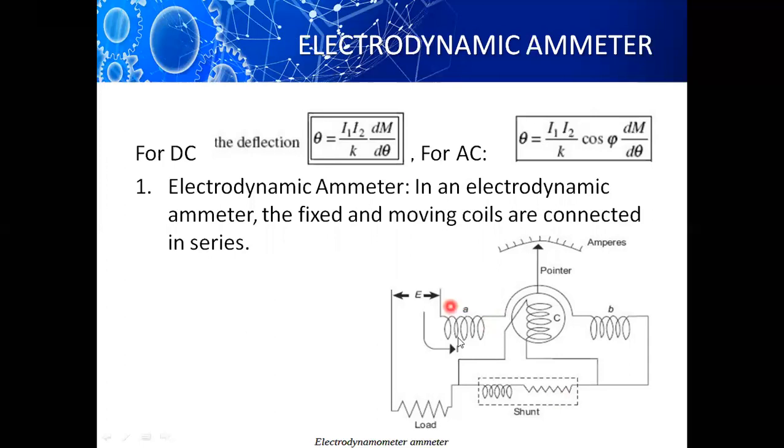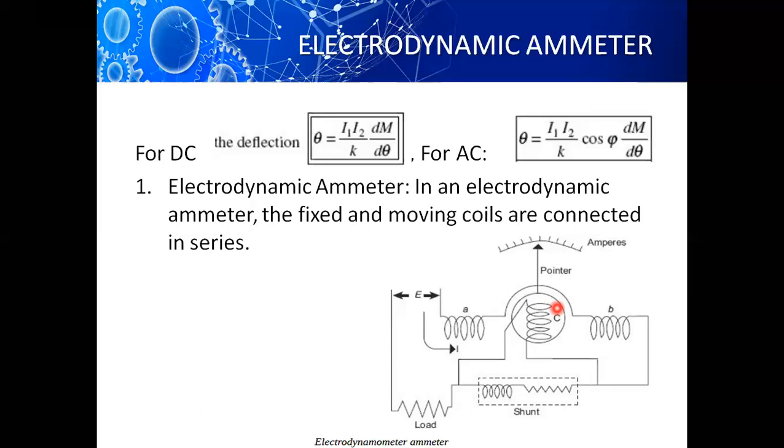We have this fixed coil A, here the fixed coil B, and if you see the circuit, the current should be flowing through A first and then B, and then it is flowing through the pressure coil and going through the load. The pressure coil is generally made of thin wire compared to the fixed coil, so it cannot carry much current. Why?